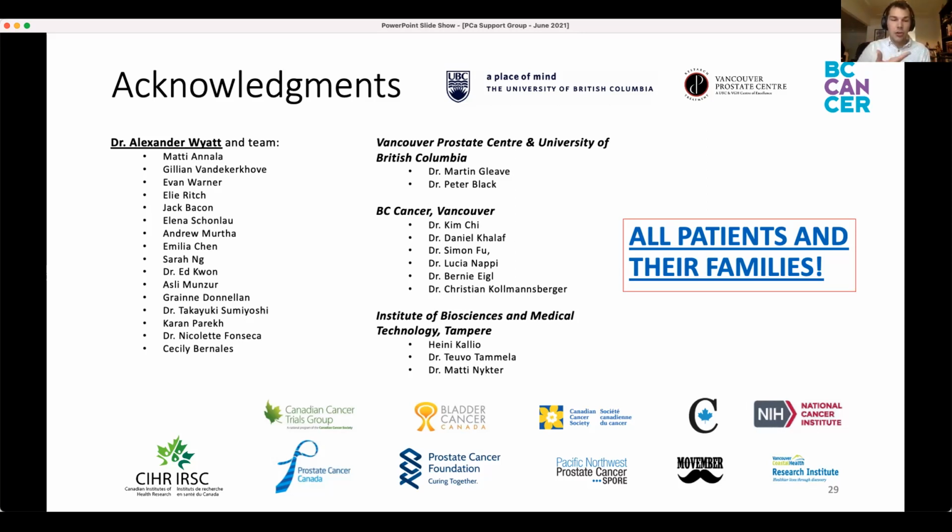But it's also one of these so-called actionable mutations where we actually have a therapy that specifically targets cells that have this mutation. And in 2020, 2 of these different types of drugs called PARP inhibitors were actually FDA approved and Health Canada approved. So we now have precision treatment options for patients who have these particular mutations.